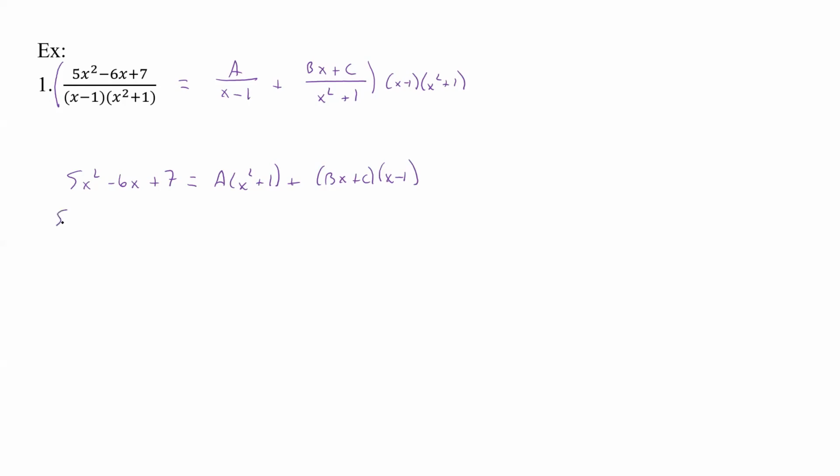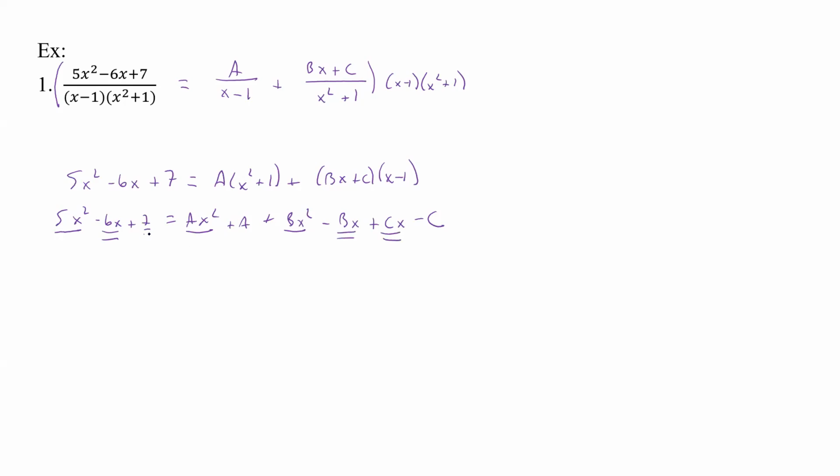So if we rewrite our left side, 5x squared minus 6x plus 7 equals, now that's going to give us Ax squared plus A plus, now that's going to give us Bx squared. That's going to be minus Bx. That's going to be plus Cx. That's going to be minus C. Okay. So x squared, well, we have that one, we have that one, and we have that one. Then we have x's, and then we have x's, and we have x's.